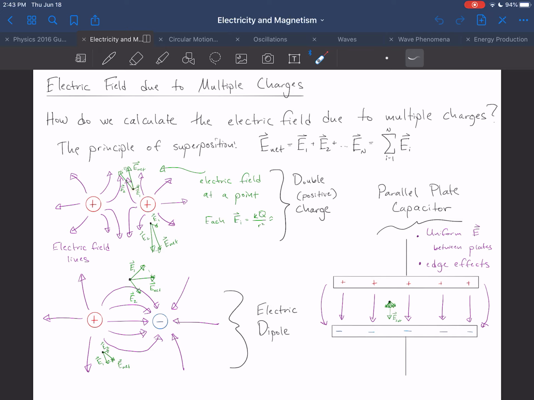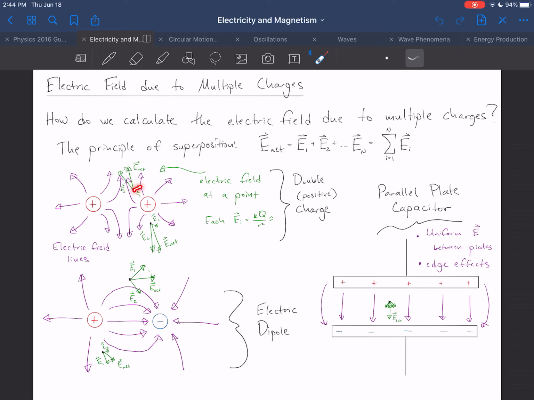To find the electric field at this point, first we're going to say we have some electric field from this charge, E1. It's a small arrow pointing away from charge 1. We also have some field due to this charge, E2. It's a larger arrow pointed away from charge 2. Then we add them vectorially, because this is the sum of these electric field vectors.